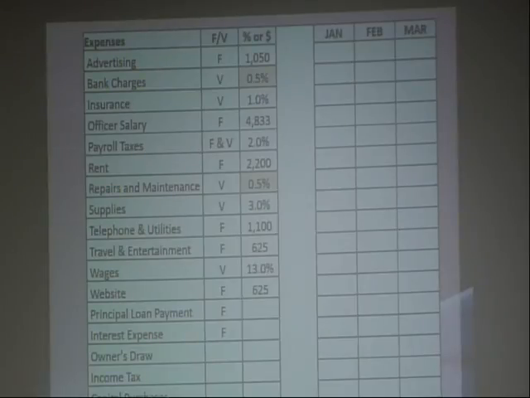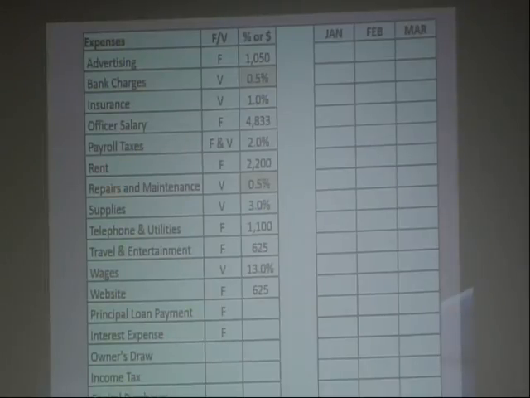So I've said it's fixed, and I'm going to spend about $1,050 a month on advertising, which makes it, I'm going to budget that in my cash budget.